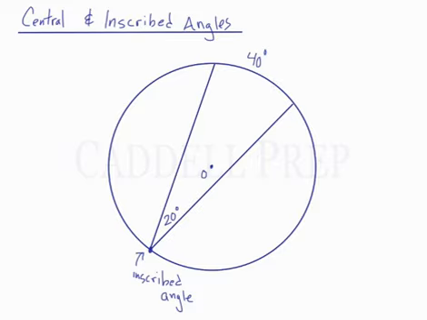So if we look at how central angles and inscribed angles are related, let's draw our central angle again. The measure of this angle was 40 degrees, which is the same as the measure of the arc it intercepts.